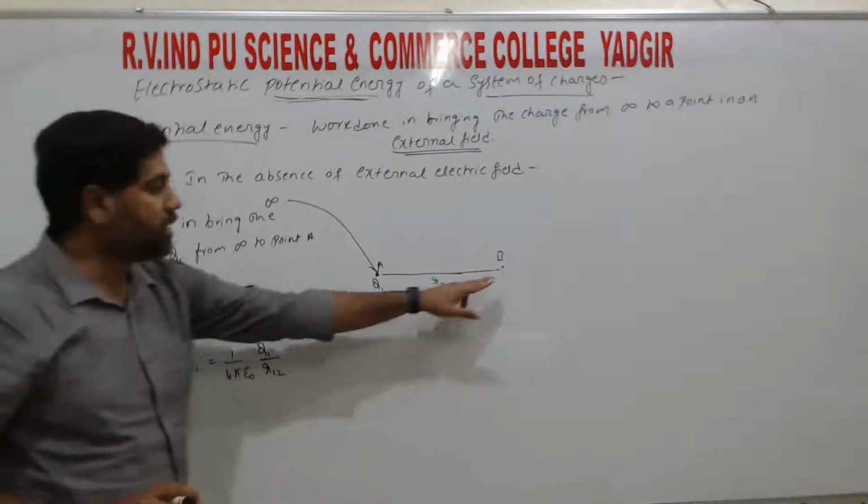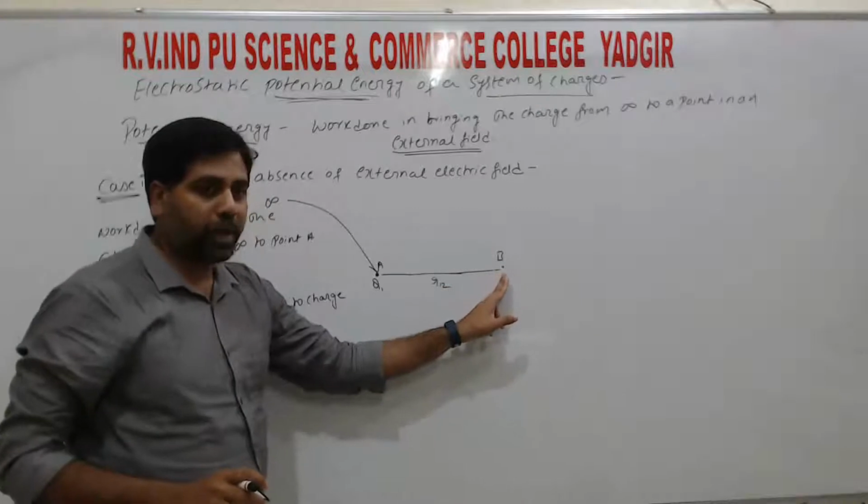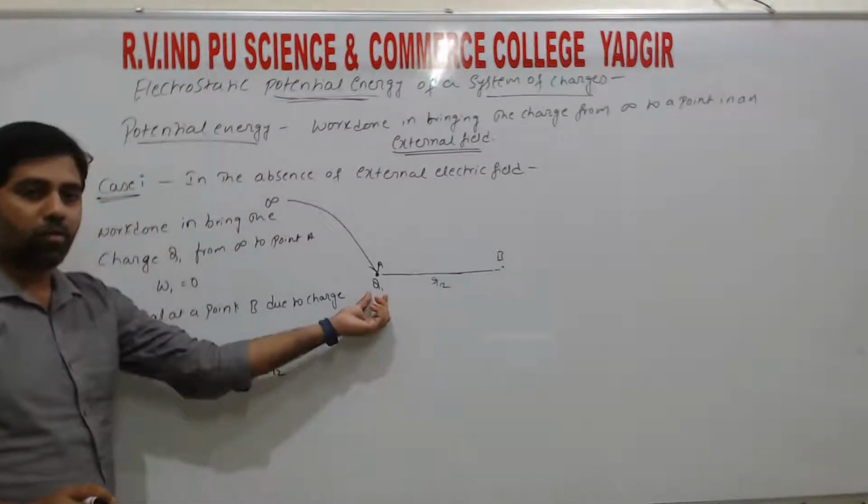So we are calculating the potential at the point B due to the charge Q1, right?